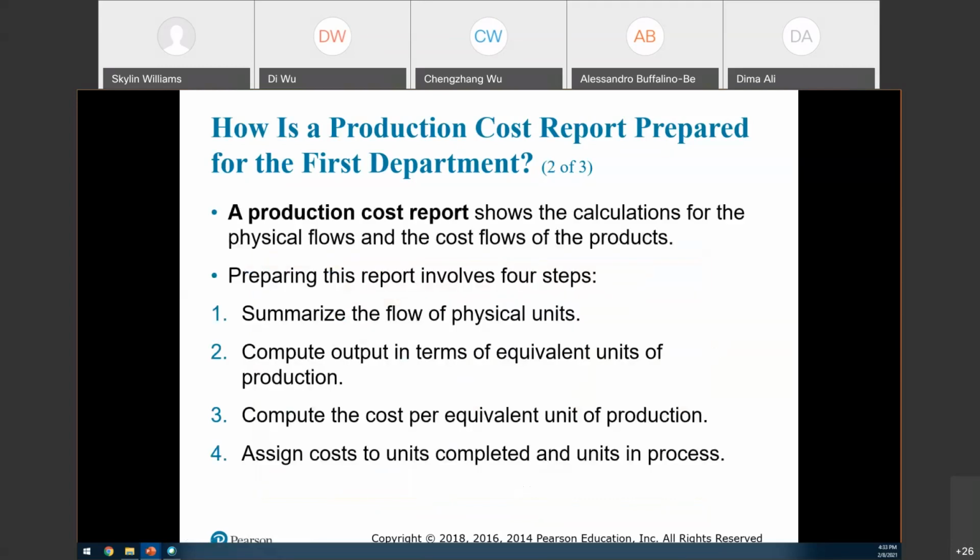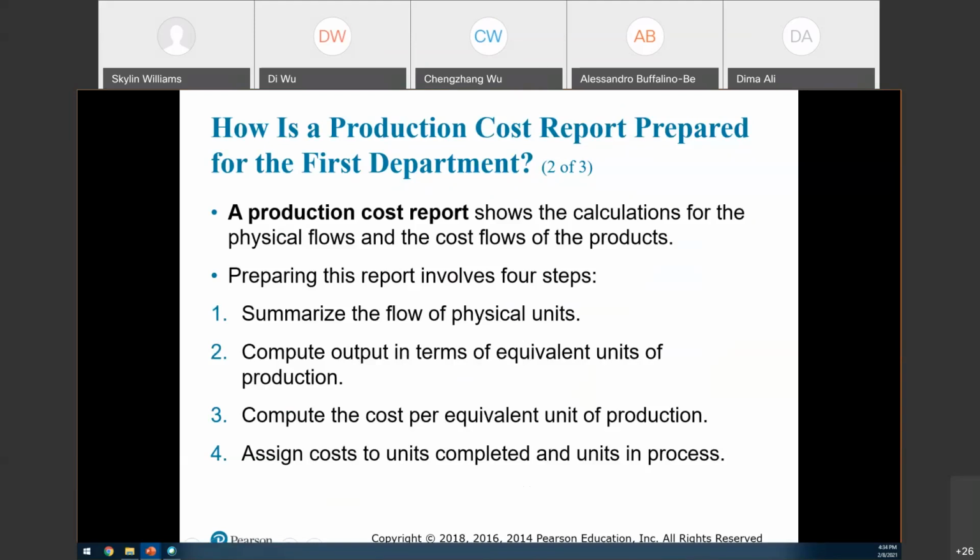Okay, now let's get to know a production cost report more deeply. A production cost report must be completed for each department. The production cost reports show the calculation for physical flows and the cost flows of the department.